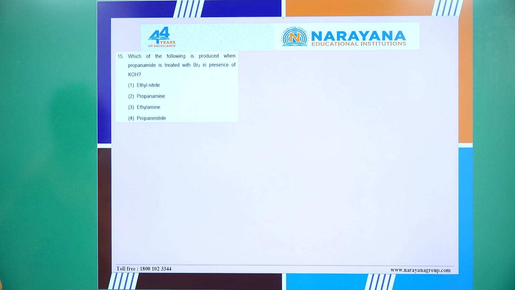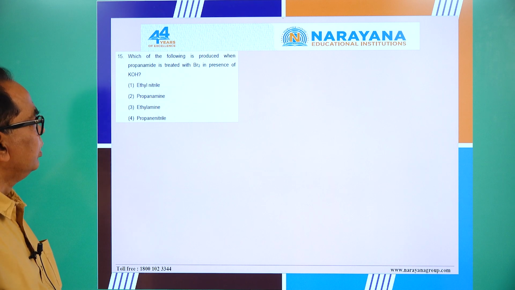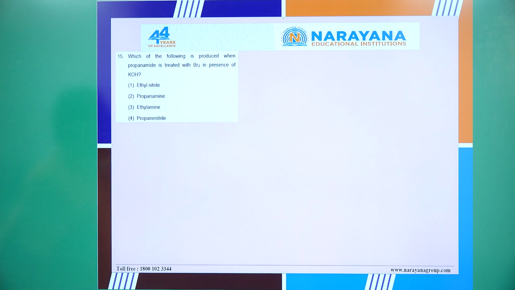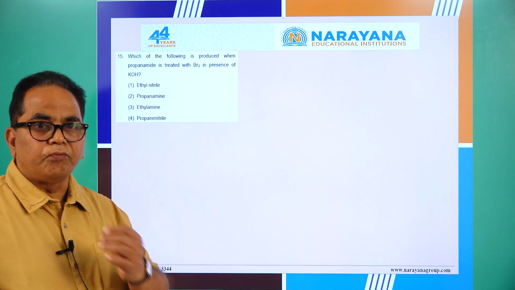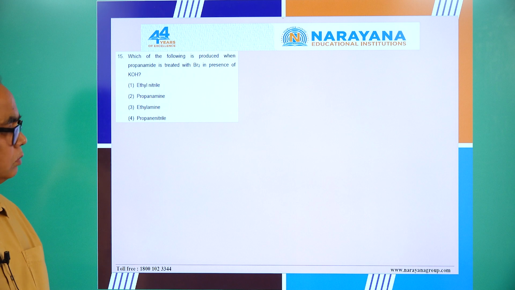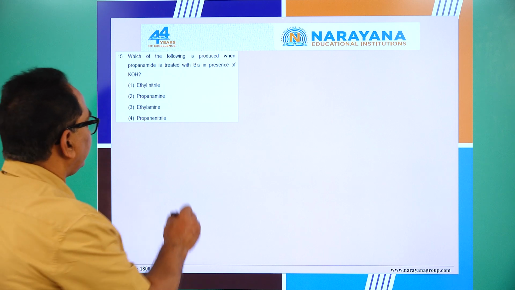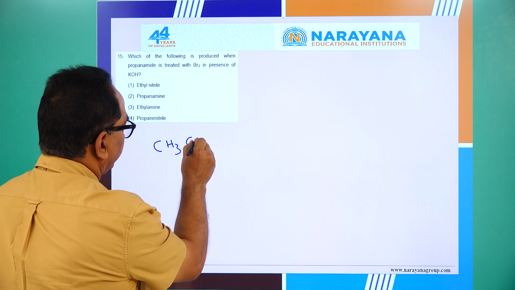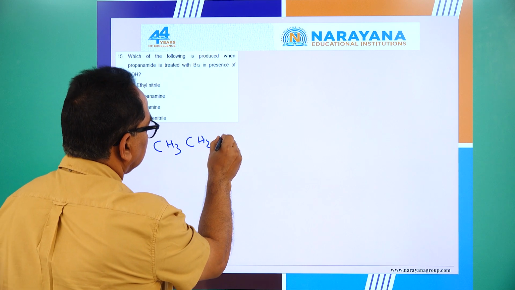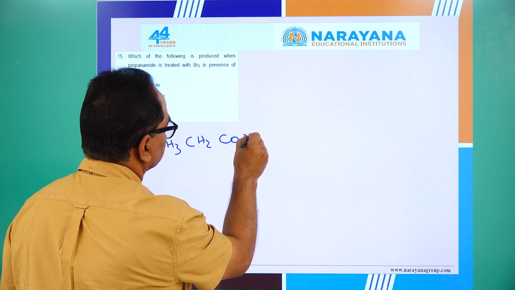Which of the following is produced when propanamide is treated with bromine in the presence of KOH? It is also a very popular reaction, the Hofmann bromamide degradation reaction. Propanamide is CH3CH2CONH2.